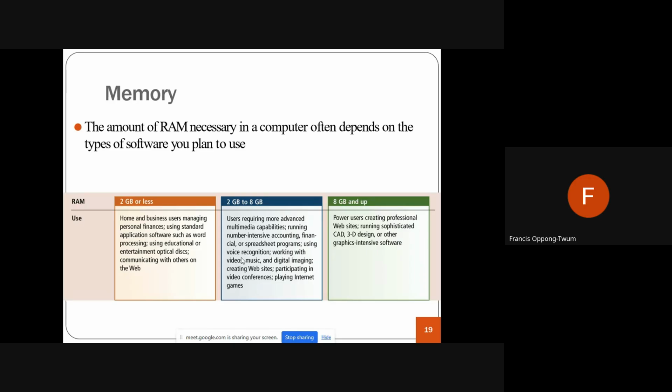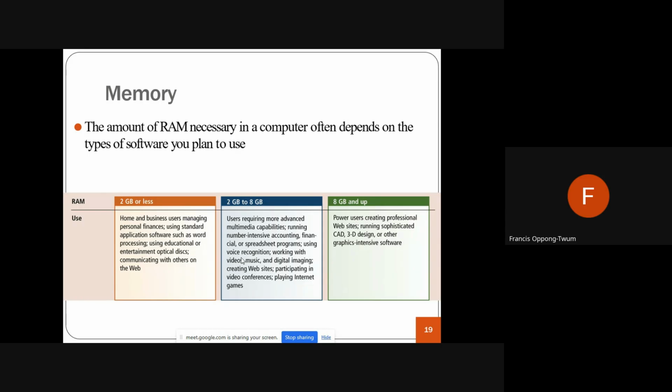But if you want to use the computer for intensive computation like graphic design, multimedia work, and other things, then you need 8 gig RAM or more. Other than that, the computer will run slow. So much will depend on whatever usage you want to use the computer for.